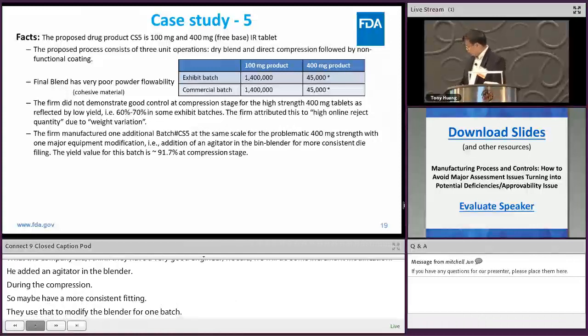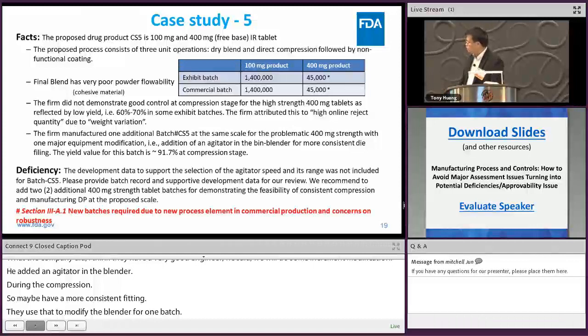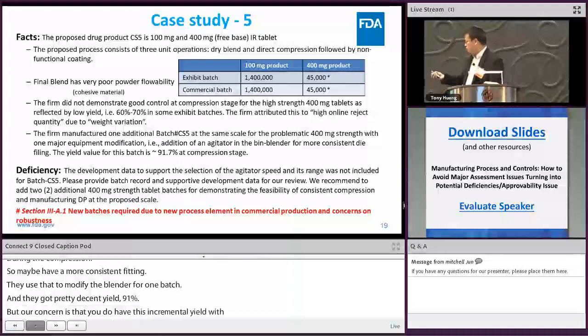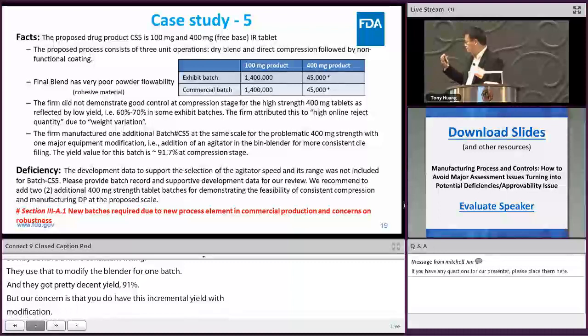But our concern is that you do have this improvement on the yield with some equipment modification, but the agitator speed and its operating range are not supported by any development work.